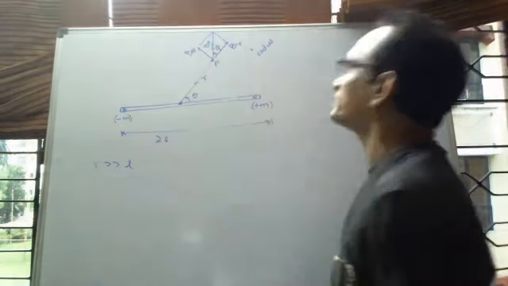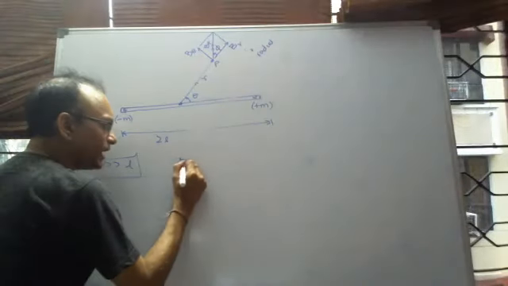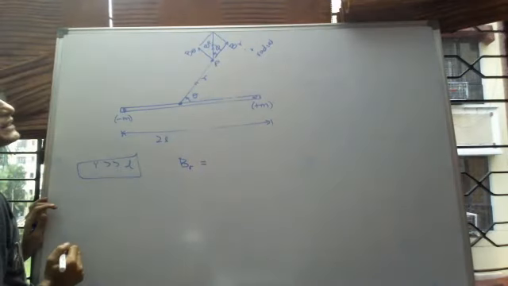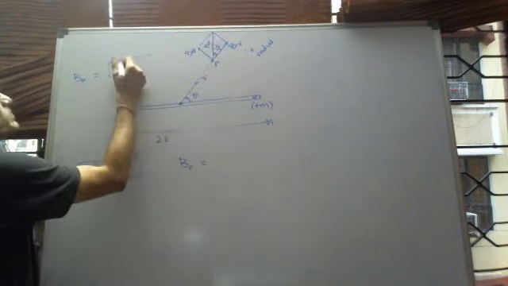Now we just state the result. BP will be root of BR squared plus B theta squared.